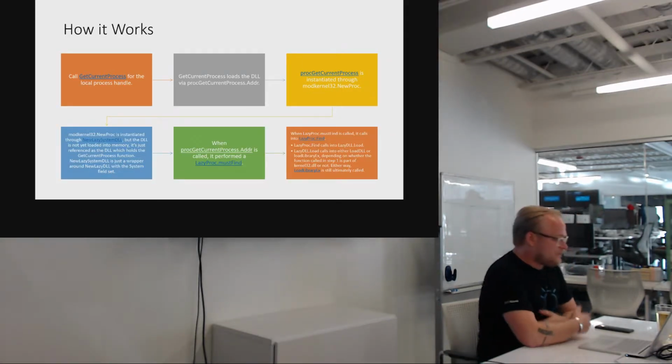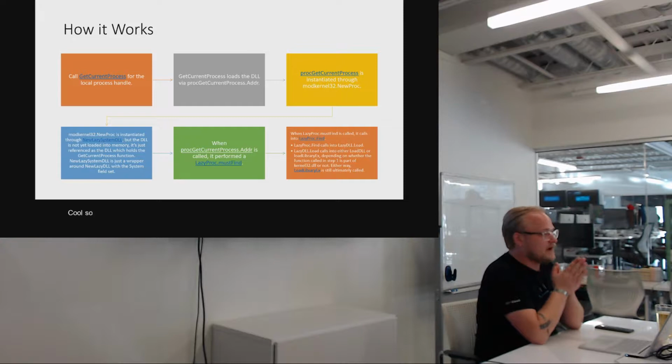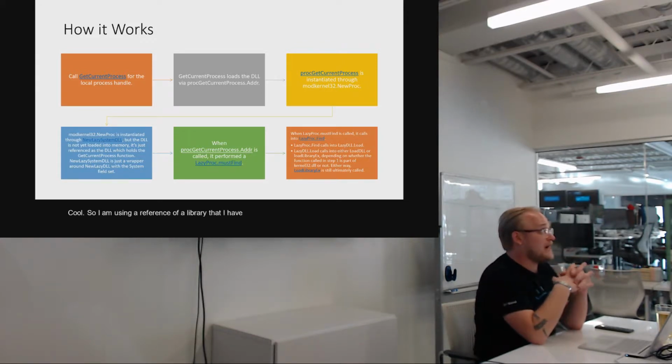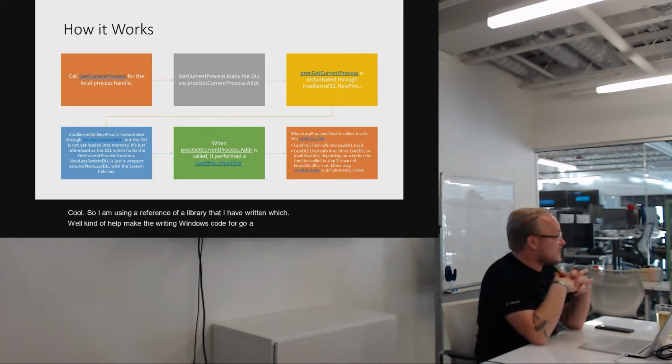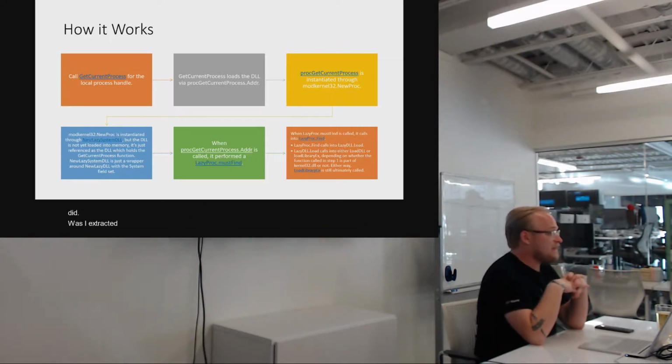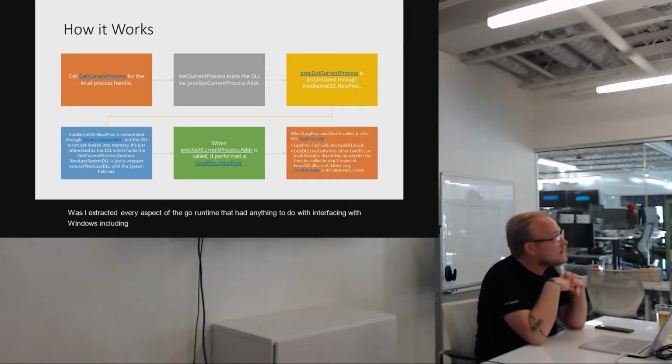Cool. So I am using a reference of a library that I have written, which will help make writing Windows code for Go a little bit better. Basically what I did was I extracted every aspect of the Go runtime that had anything to do with interfacing with Windows, including assembly and a whole bunch of other things.